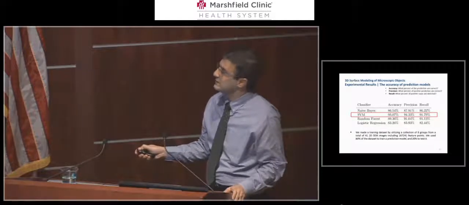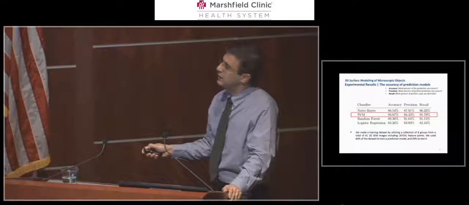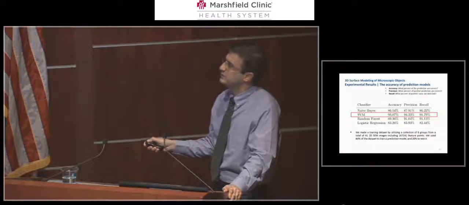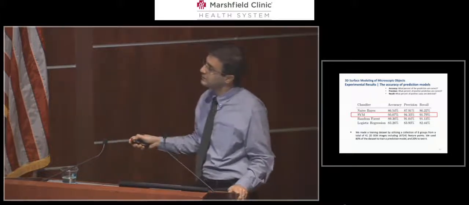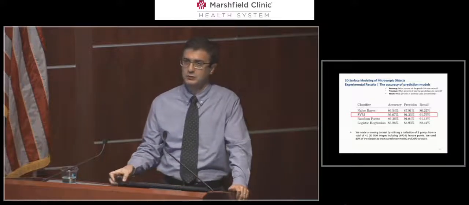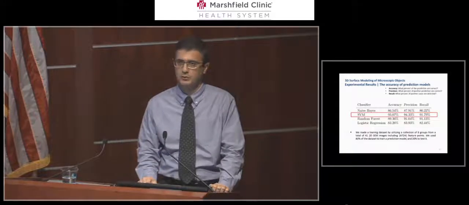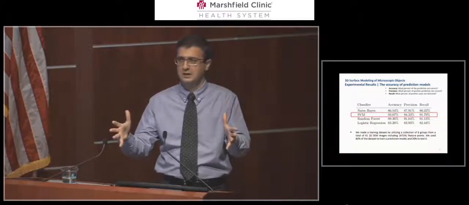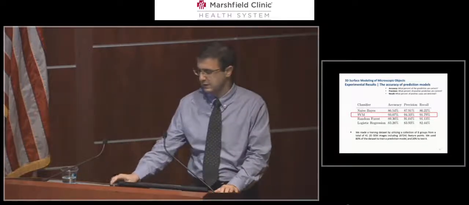As you see in this experiment using support vector machine, we got over 93% in accuracy, over 94% in precision, and over 91% for recall. So based on this experiment, we utilize support vector machine to distinguish between significant and insignificant feature points, which helps us speed up the process of finding matching points in the image set.